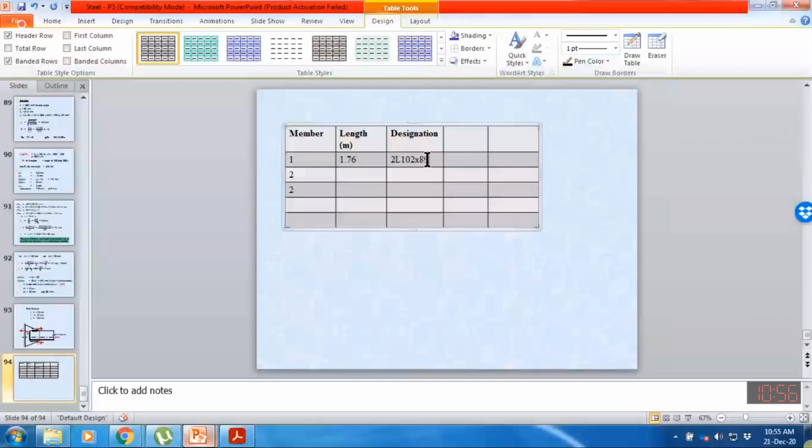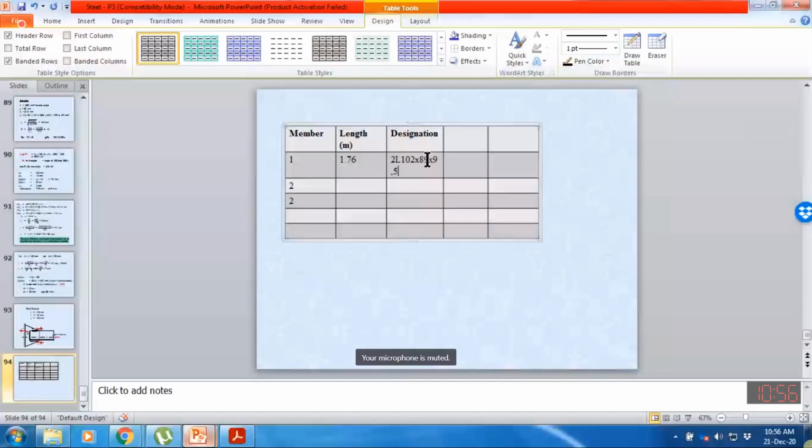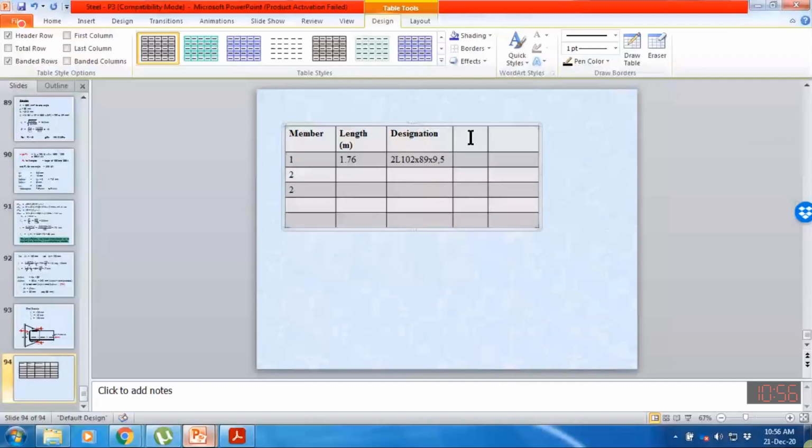So in layout I will go to insert. Let me make this table bigger. Here you are going to compute the length of the weld. That will also be a summary page. So you can write the FU value.